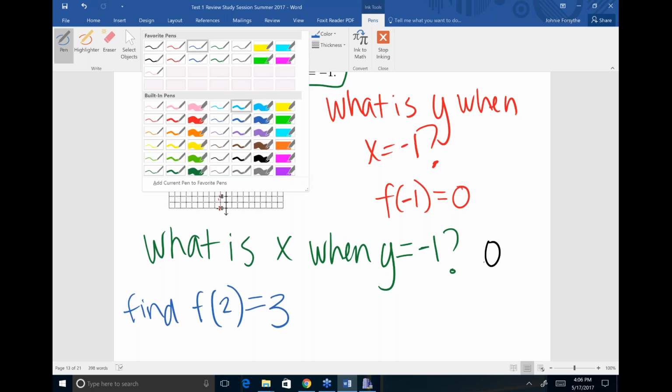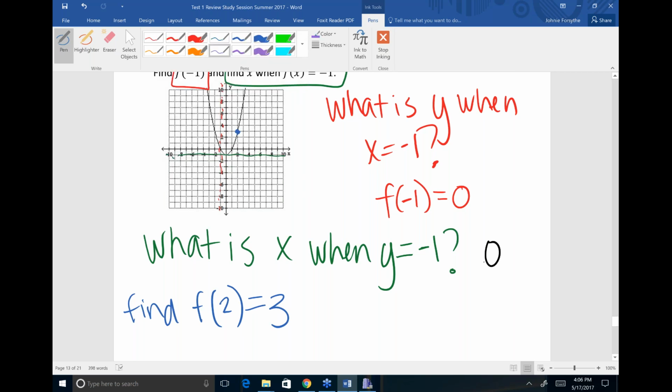If I were to do another one, find x when f of x equals, trying to find a good one.